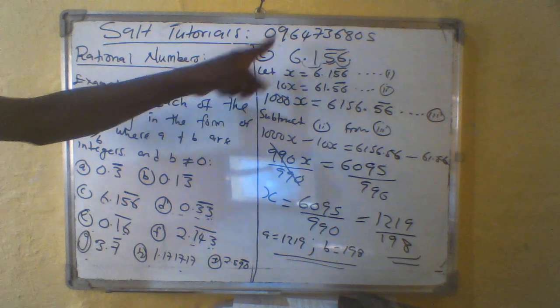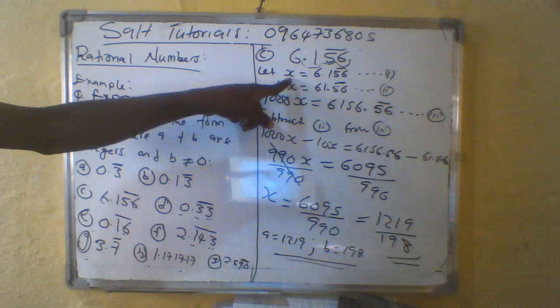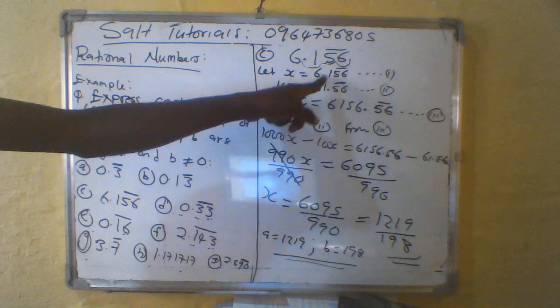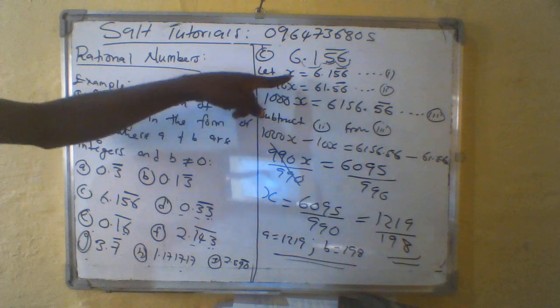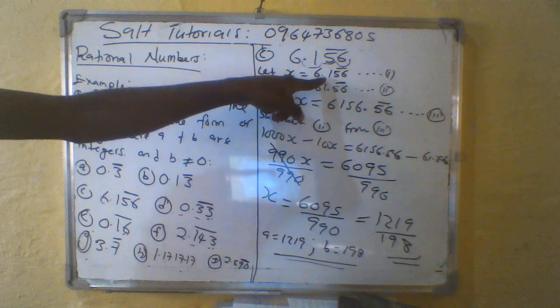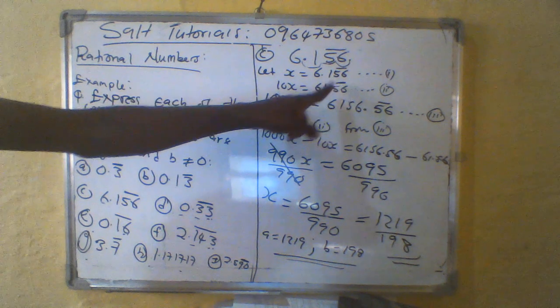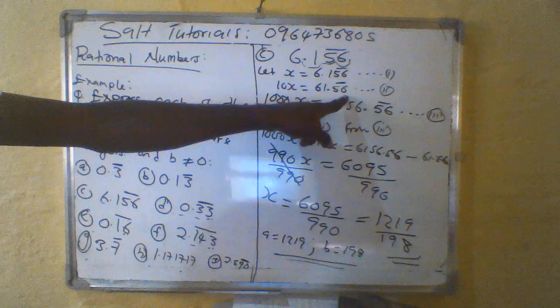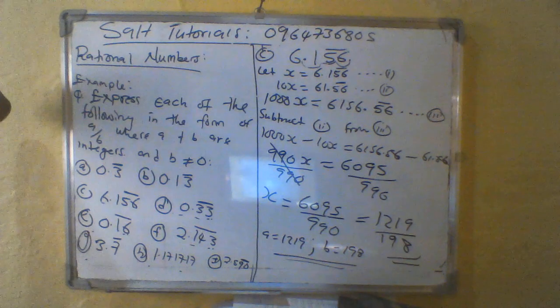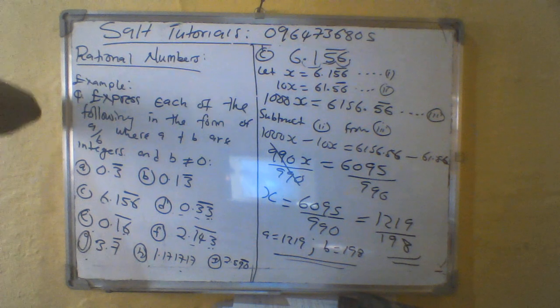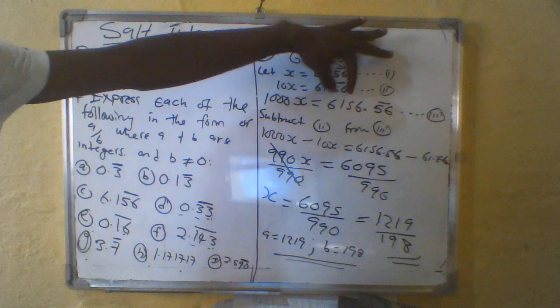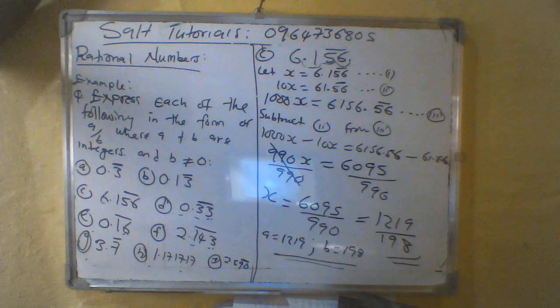How can 1 move to the other side? By multiplying it by what? 10. So the point will move 1 step, so that we multiply x by 10, then that's when the point can move 1 step to the right, so that I can have 61.56. So now we form the second equation, which is going to have 5, 6 again after the point. It means the 5, 6 needs to move to the left side.